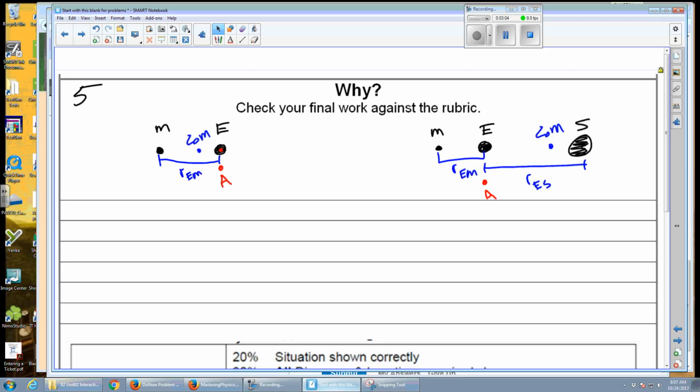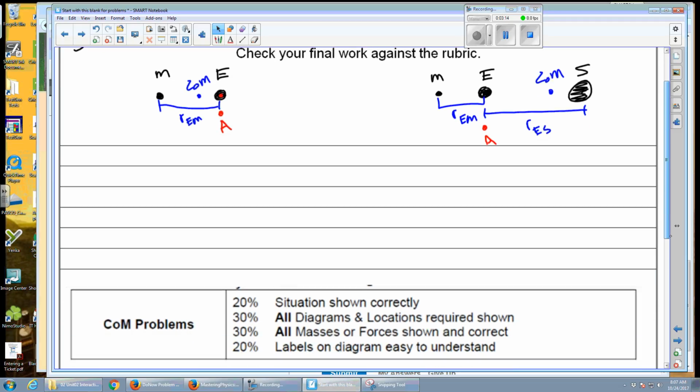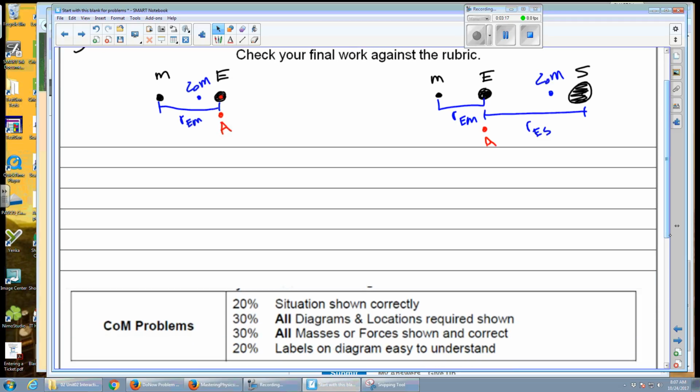Yeah, those would be my diagrams for my Y. I think I showed the situation. Both diagrams are there. All masses or forces shown. Well, I suppose I could say, that's the mass of the Earth. That's the mass of the moon. And labels on the diagram are easy to understand. We all know what CoM is and radius is.